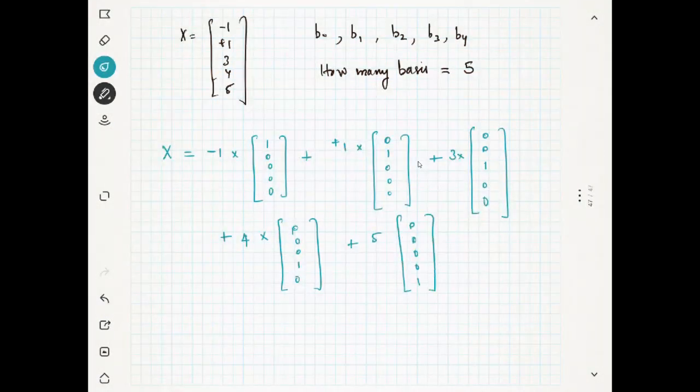Do you agree with me in this regard? I can represent it like this.